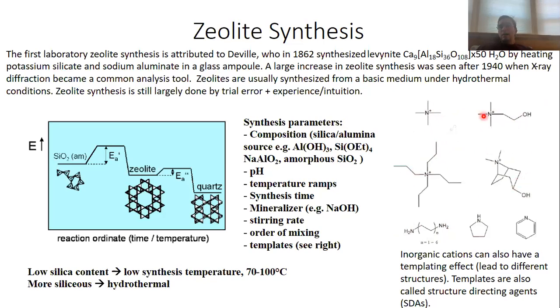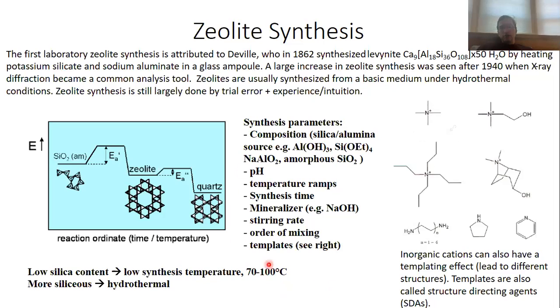Some of them are cationic, many of them, because you want to template an anionic pore, but they do not necessarily have to be cationic. Also, amines can take over the role of structure directing agents. Even inorganic cations, because of their different sizes and charges, can have an influence on the pore structure that actually forms.